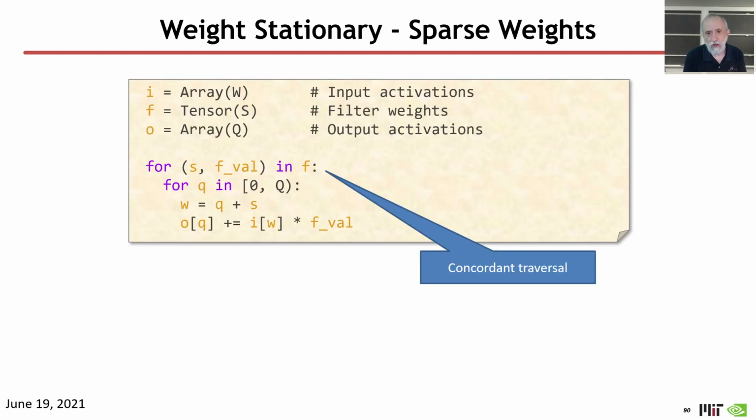Now, just like we saw in the uncompressed data flows mappings, we saw that we could reverse the order of the loops. And if in our sparse weight situation, if we reverse the order of the loops, we end up with a weight stationary data flow instead of output stationary, and yet the representation can still be interpreted in the loop nest. And again, we see that we're going to end up with concordant traversal of the filter weights.